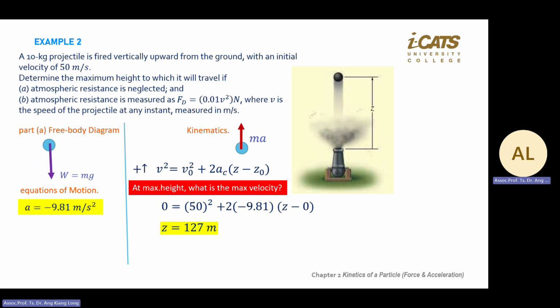Okay. What happens if you have air resistance? What happens to your free body diagram? What is the direction of air resistance? What about pull down? What up? What is the motion? It's like friction. It should go down, right?